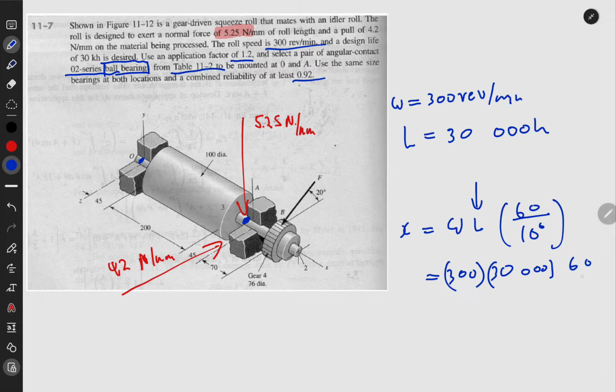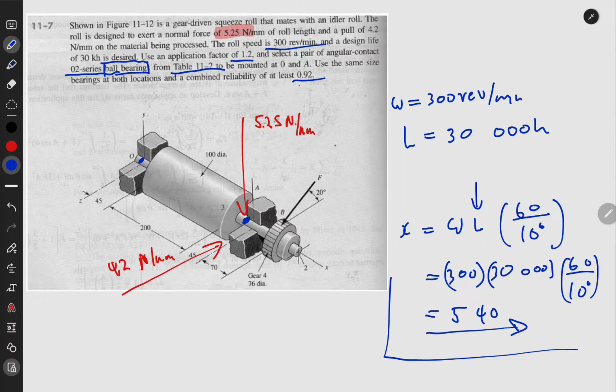Then I'll have 60 all over 10 to the power 6. Then you punch this in your calculator. Hopefully I didn't make any mistake. I got an answer of 540. These are all the parameters we are going to use to find the right bearing for our application. Let's put that aside.